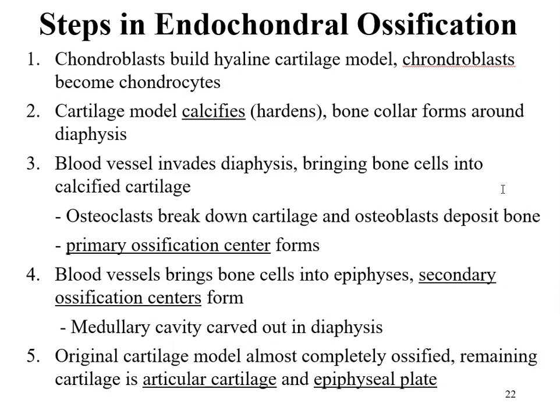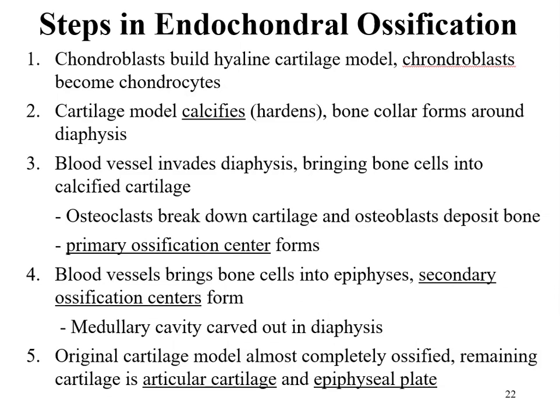There are more extensive steps to endochondral ossification because there is an additional hyaline cartilage model that first has to be created from immature cells before we can even talk about building bone. Step number 1 is chondroblasts building up hyaline cartilage, then becoming mature chondrocytes once they build up as much as they can.